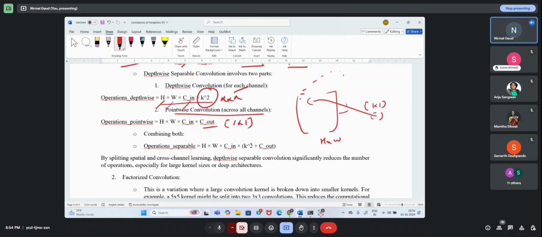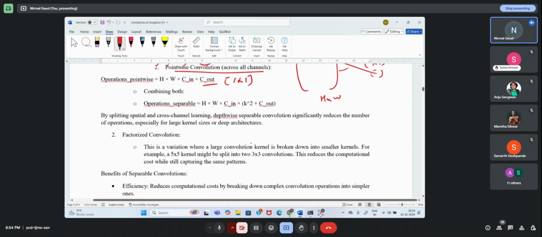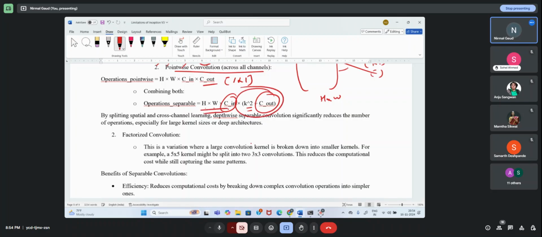If you combine these two operations, the combined operation is H W C_in into K square for depthwise, and C_out for pointwise. So take this common, and this is what I am left with.